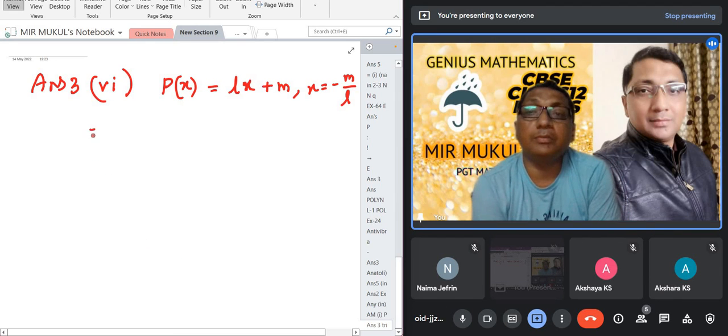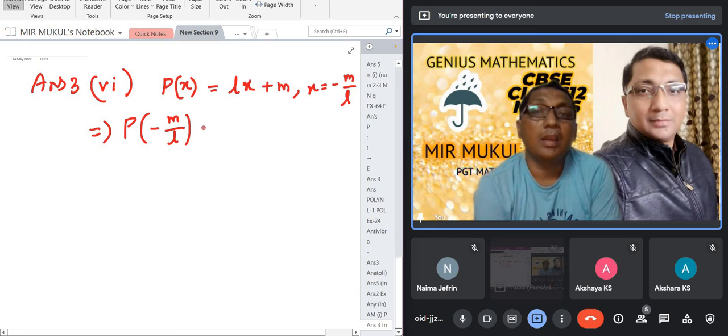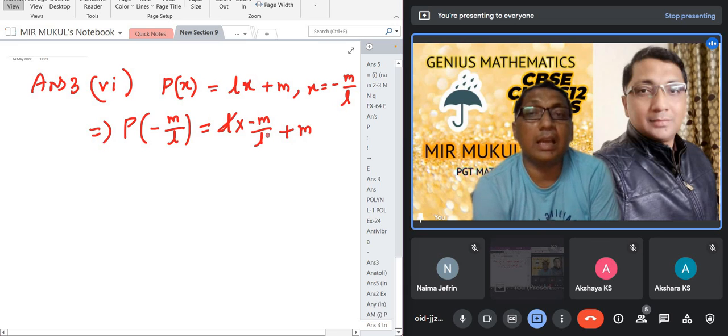So put the value of x, that is P(minus m by L), in place of x minus m by L. If you put, then this L and this L will be cancelled.